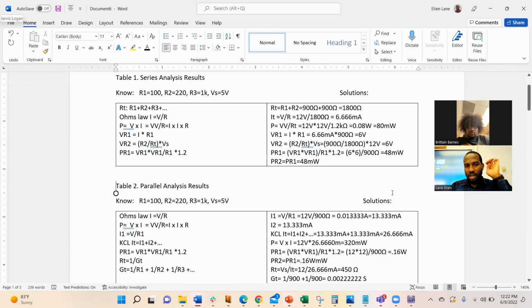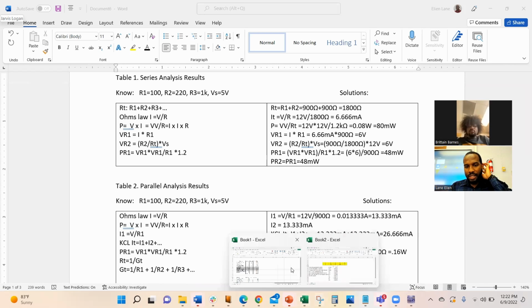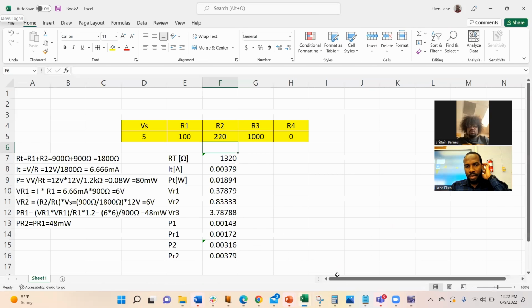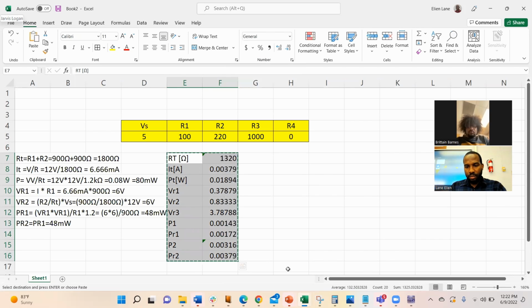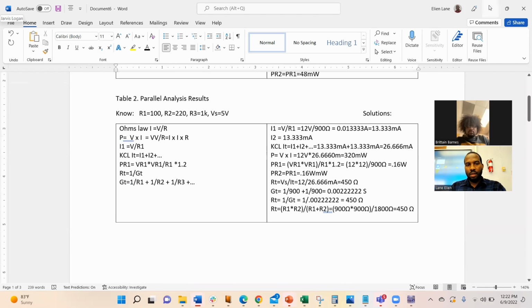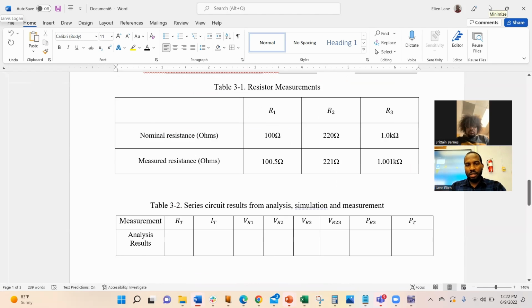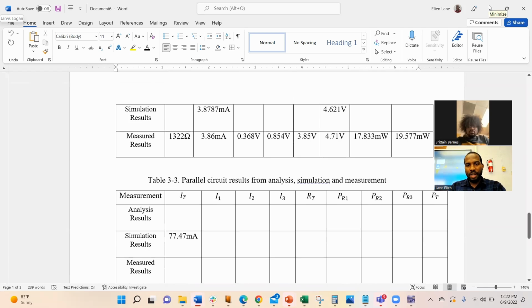So for example, let me see if I have some answers for the table right now. If I go to my Excel sheet here, I can see I have all of this here. Let's copy this. If I go to my table, I can put this stuff in.